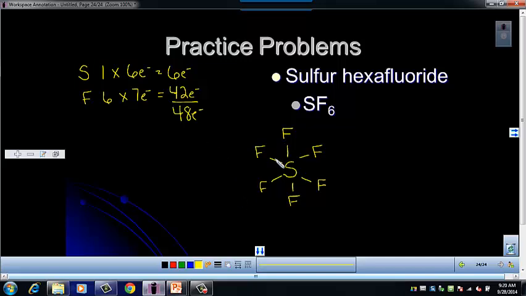Look at how many electrons we've used in the bonds. Remember, we've got 2 in each bond, so a total of 6 bonds, which is 12 electrons. And that leaves us with 36. And then we need to give each of the outside atoms a full octet. So fluorine has 2 in that shared pair, so we're going to have to add 6 to each of those fluorines.